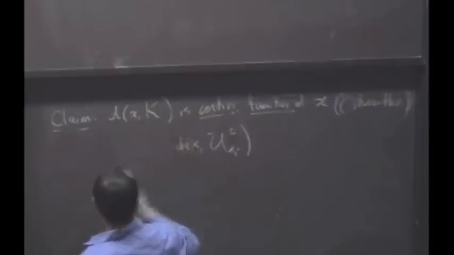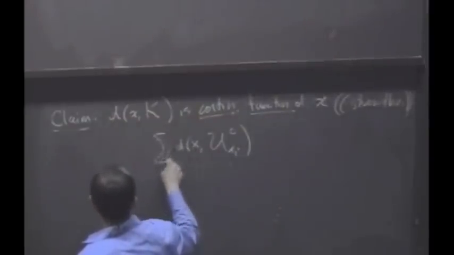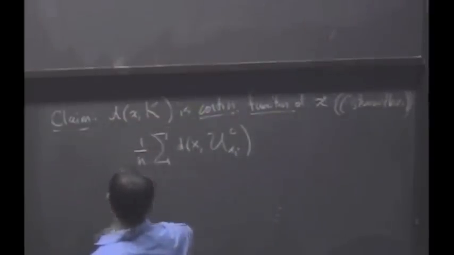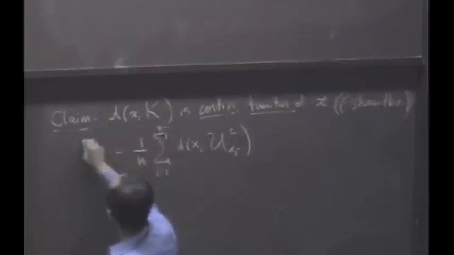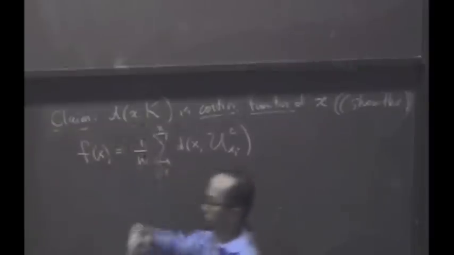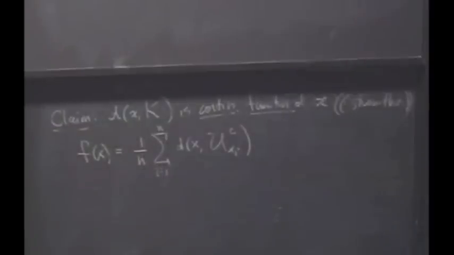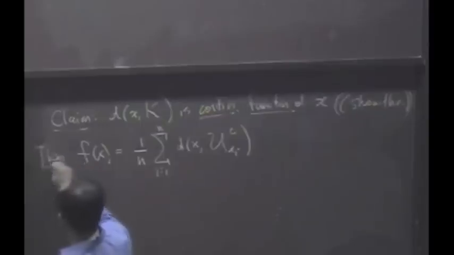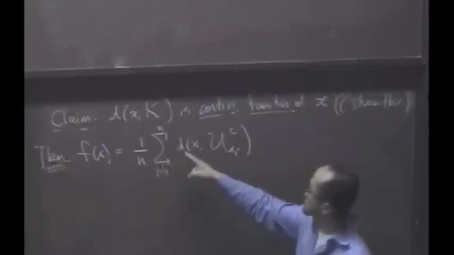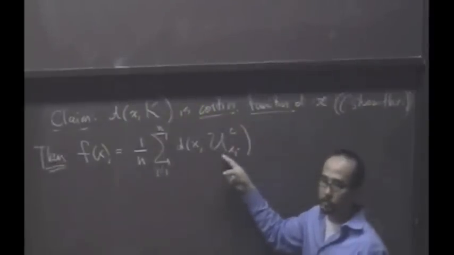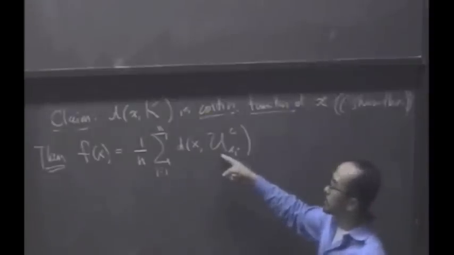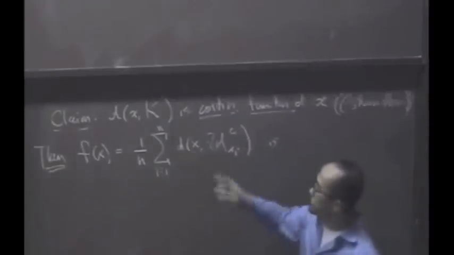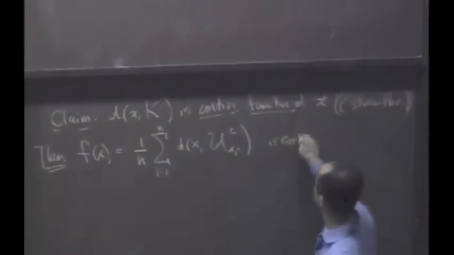Well, you can't stop me from adding all these up and dividing by n. So this takes their average, i goes from 1 to n. This is a function of x. What can I say about this function, the average distance to the complements? It must be continuous because it's a sum of continuous functions.